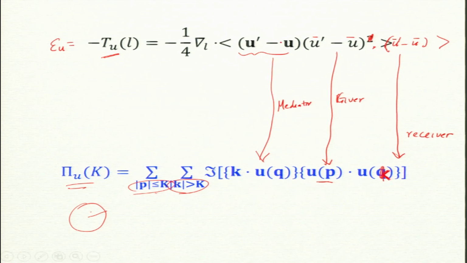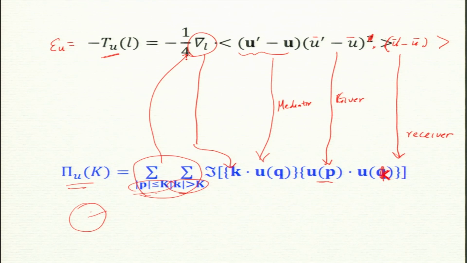U prime minus u is in fact mediating, and this divergence is coming as this k vector. Of course, this is summing over all. This is in real space, I am summing really over all the Fourier modes, so it is implicit that this sum is sitting here.